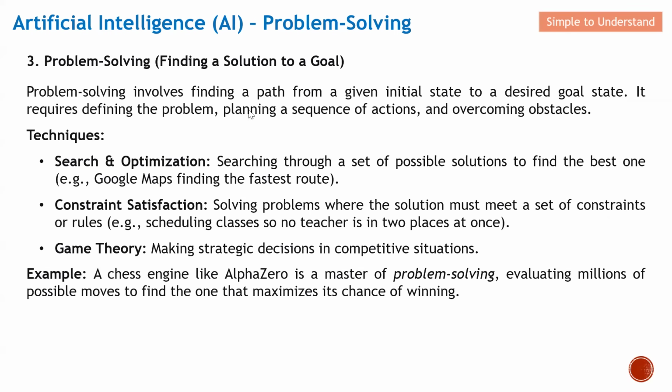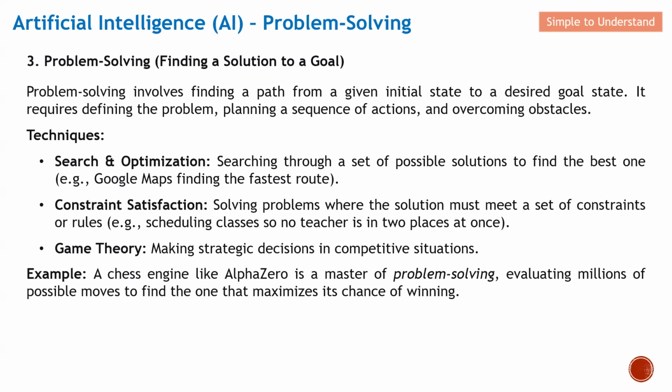They start off by finding a path from the initial state all the way to the desired goal. After that, they have many alternative paths. Basically, they define the problem, plan a sequence of actions, and overcome the obstacles. After that, they provide you the best path to reach the destination.